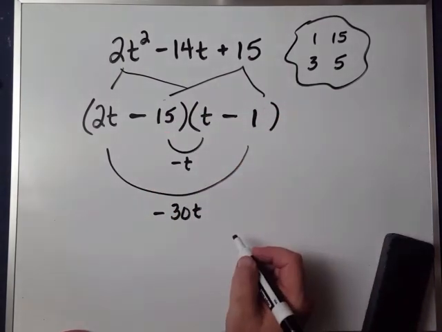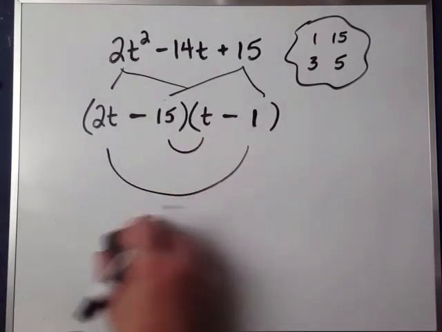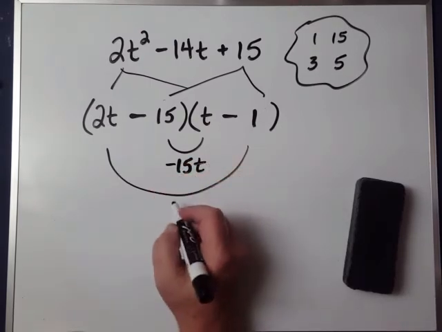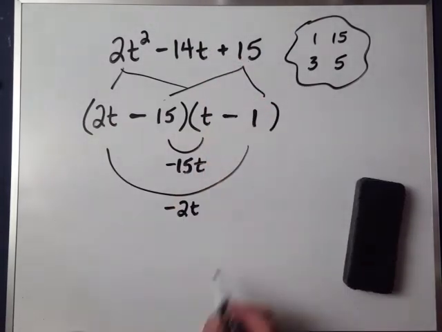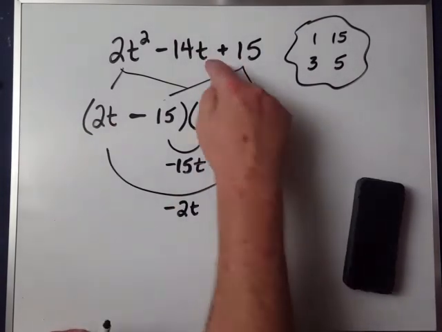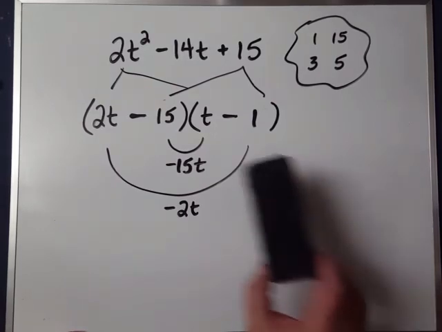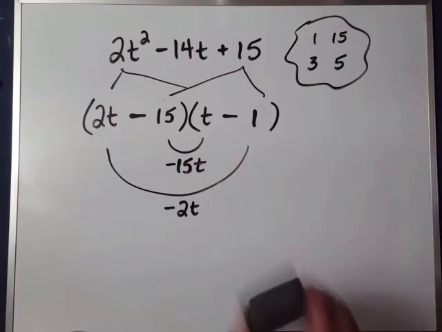How about the 15 there and the 1 over there? And then we checked. Inside gave us minus 15t, the outside gave us minus 2t, a total of negative 17t. That didn't work. Notice those two numbers, the negative 15 and the negative 2.